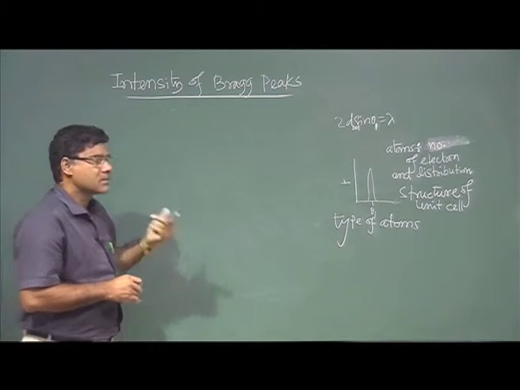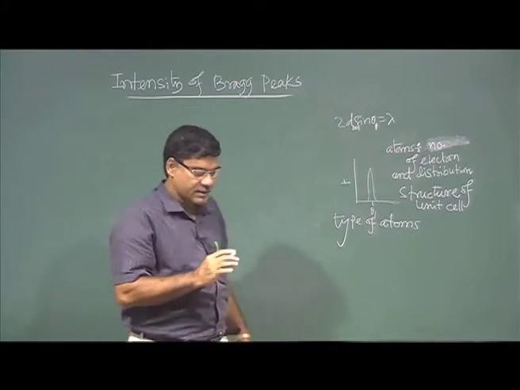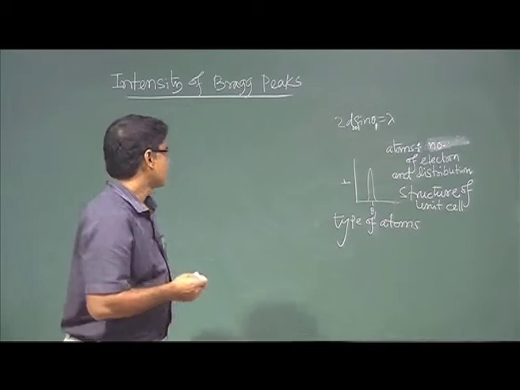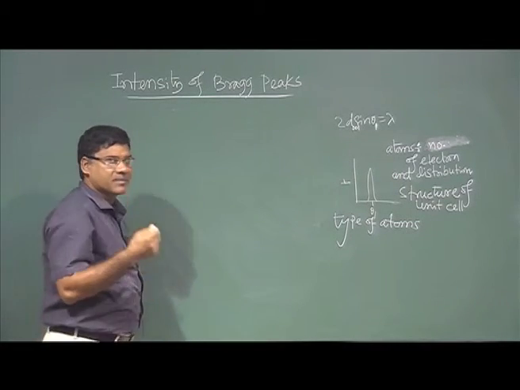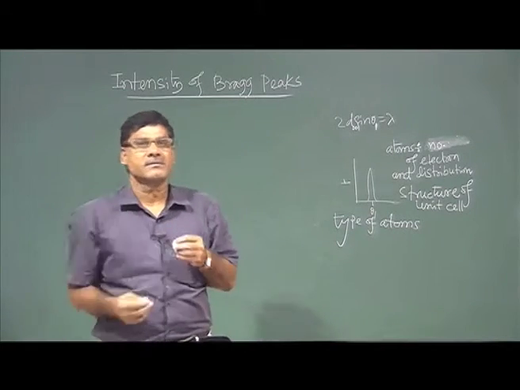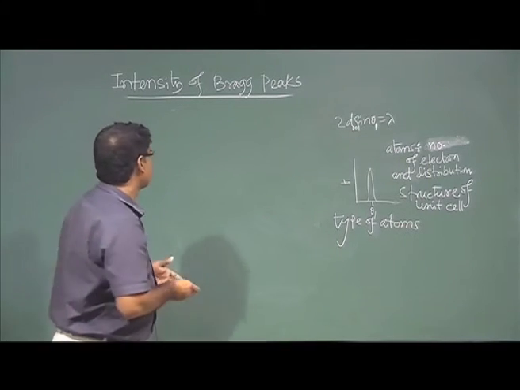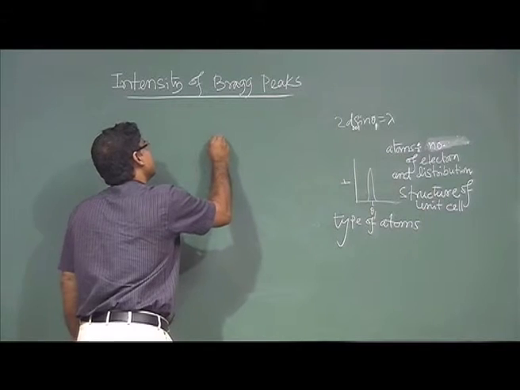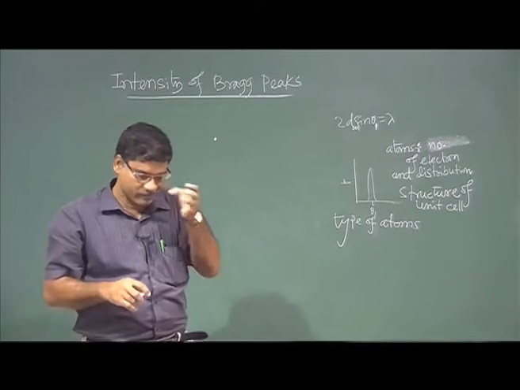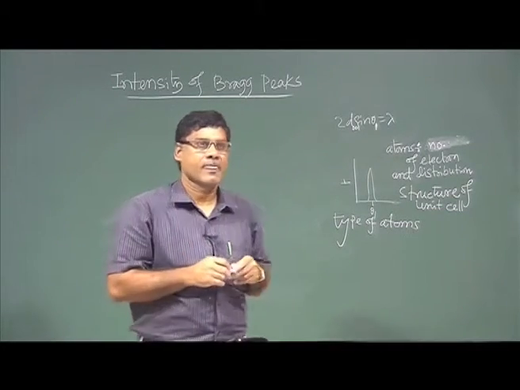So when X-ray falls on this material, it is actually an interaction of X-ray with the electrons. That means X-ray is scattered by the electrons. In general, if I talk about the scattering center, it can be an electron, an atom, a charge density, whatever. Okay.